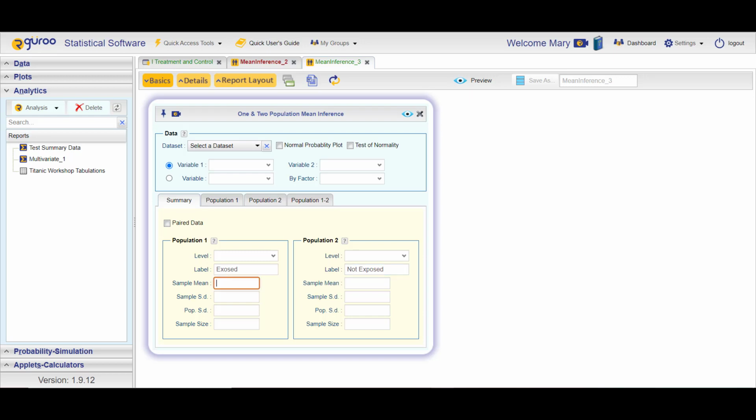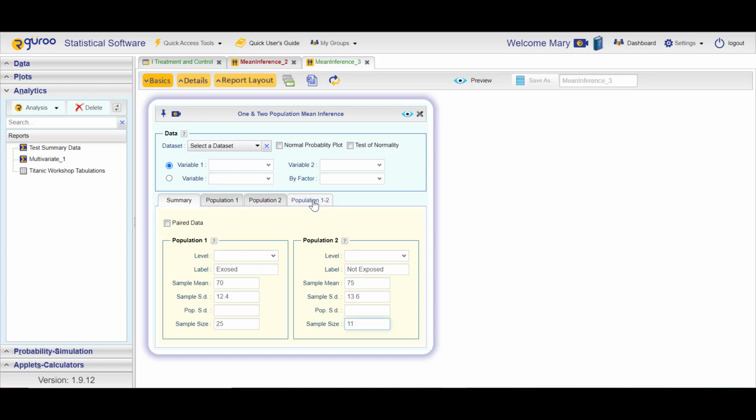So sample mean 70, standard deviation of 12.4 for the sample, no population standard deviation, and a sample size of 25. For the second group, the not exposed, we have a mean lifespan of 75 years with a sample standard deviation of 13.6 years and a sample size of 11.